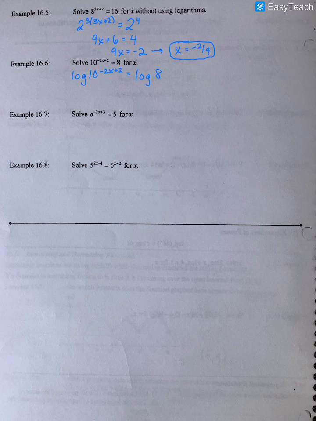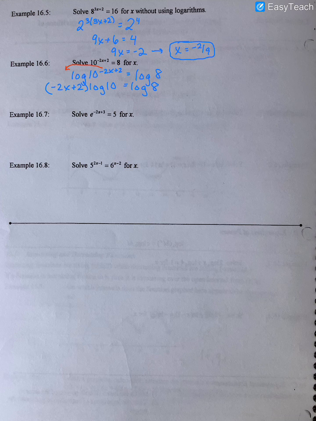I'm going to use the power property to pull my power out front. And so then this becomes negative 2x plus 2 times log of 10 equals log of 8.